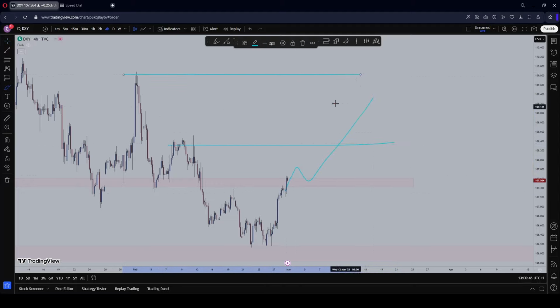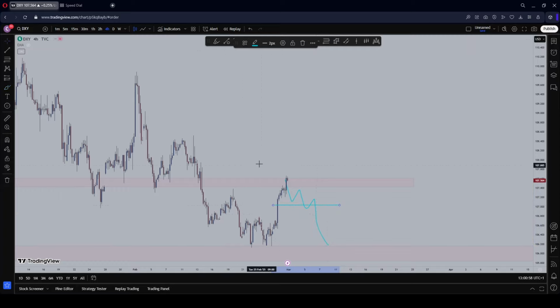But if price breaks down, you can look for selling opportunities on the US dollar pairs. So that means if price breaks above this level, the dollar will be strong for this coming week. If it breaks below here, we expect the dollar to be weak in this coming week. So something to keep in mind.